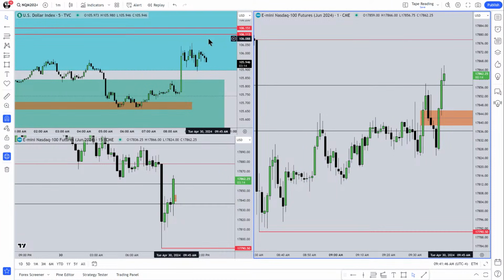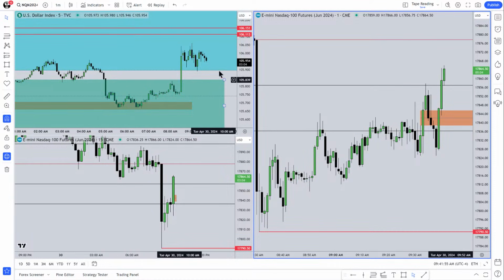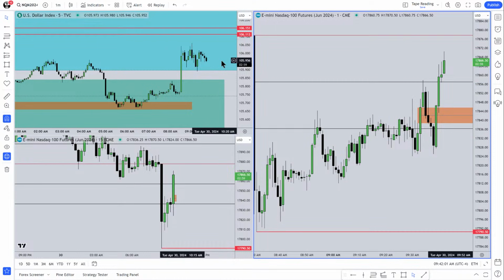If we fail here on the dollar, that means we've cleared the buy side here. They left this intact, and then the sell side would potentially be a consideration for intraday today. Here comes your mid gap.